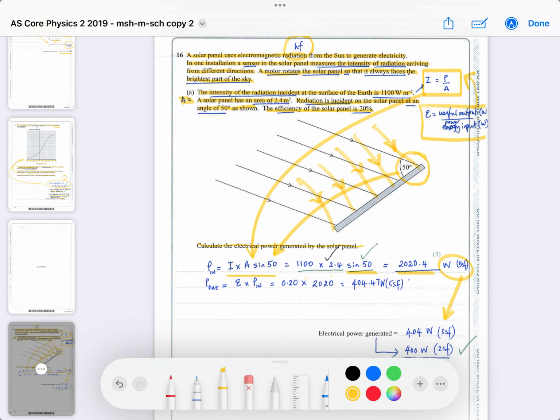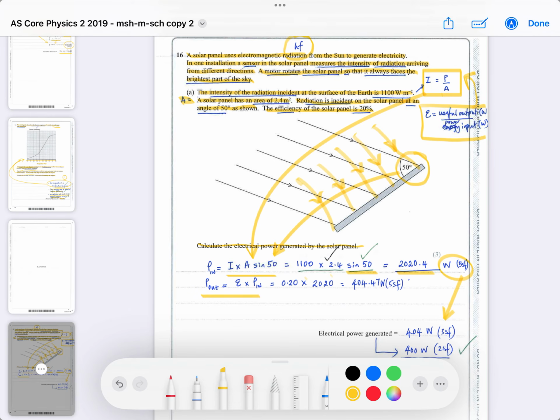And as power output, if that's the power input which we've been given, you can now work out the power generated by the solar panel as being the power output. It's going to be the efficiency times the power input.